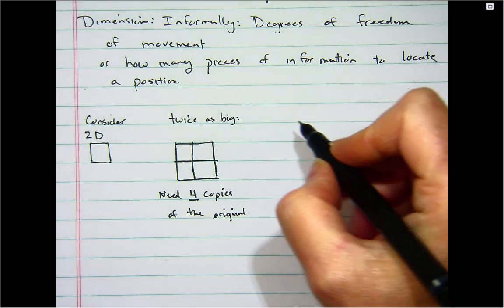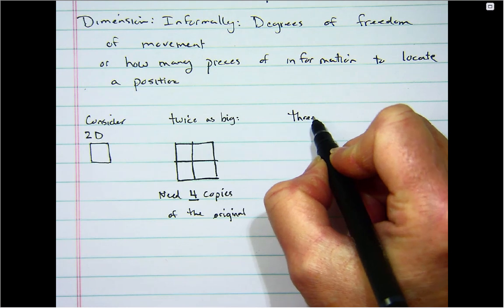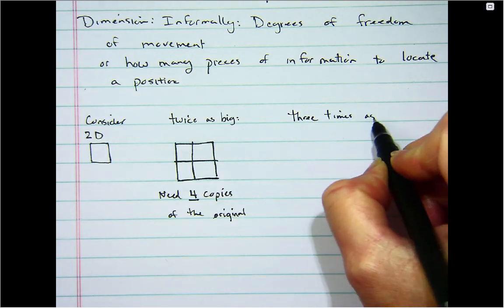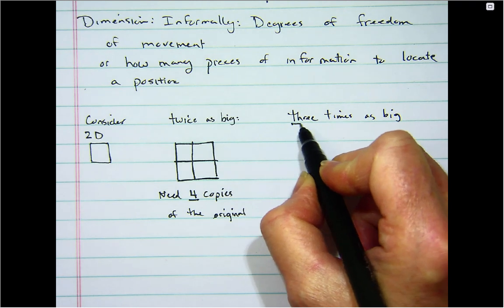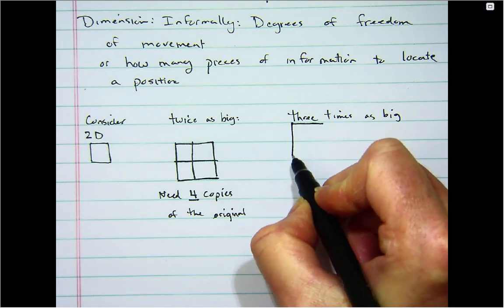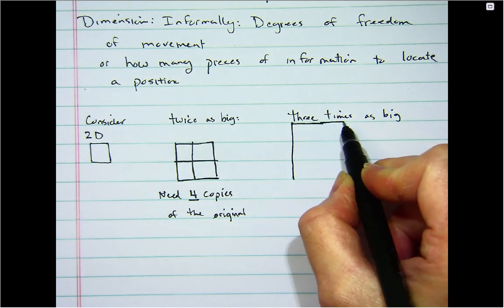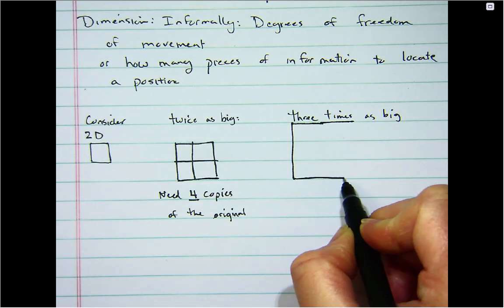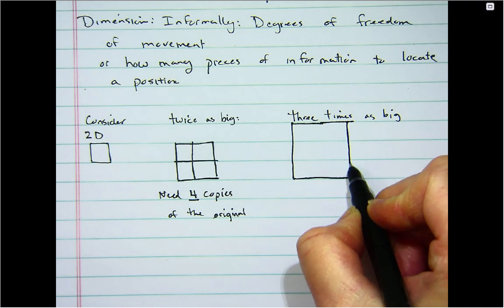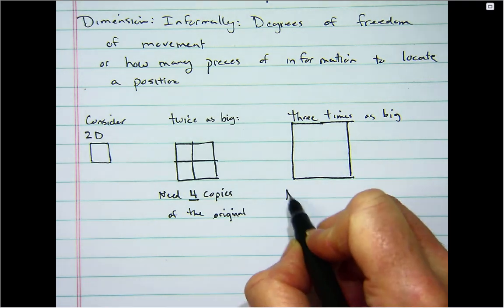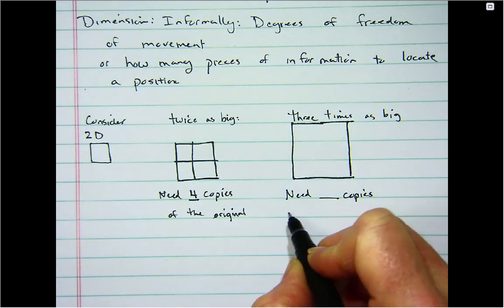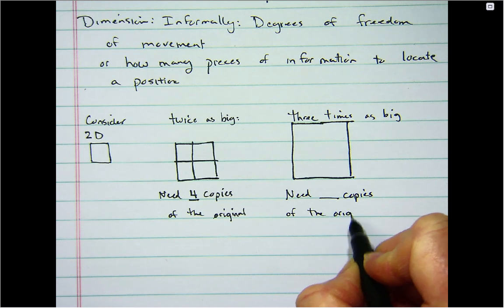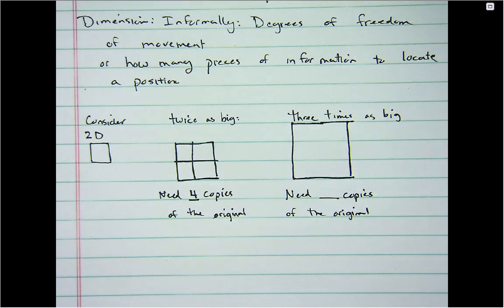Well, let's make a square 3 times as big. So we make a square 3 times as big.